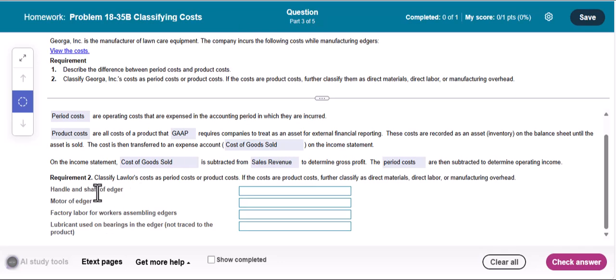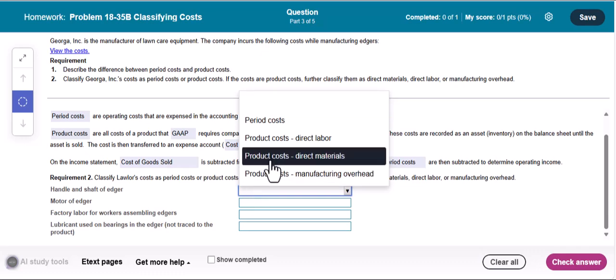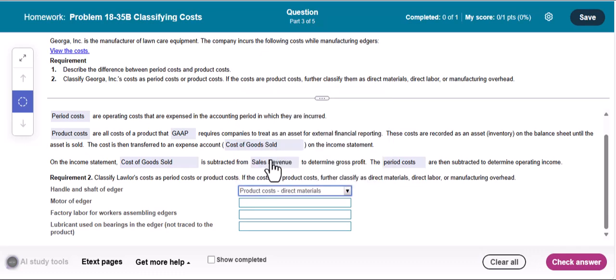So again, we have each of these costs that are also shown up here in this link, but they're also here on the left, so you don't need this. So first we have the handle and shaft of edgers. The edger is a piece of equipment that helps you edge your lawn. So this is obviously direct materials. So we have product cost, direct materials. And then we also have the motor of that edger.